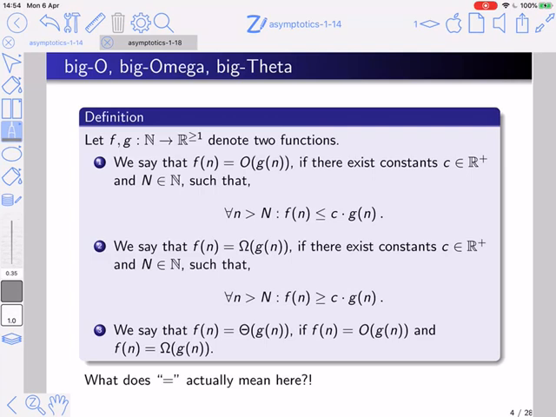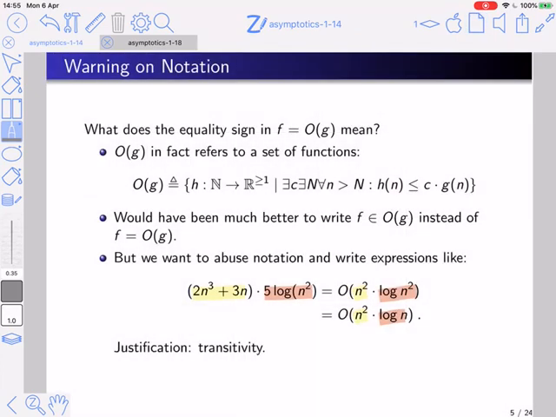Now, when you read this definition, you may wonder, what does this equality sign actually signify? Okay, so let's talk about this a little bit. When we write big O of g, we actually mean a set of functions.